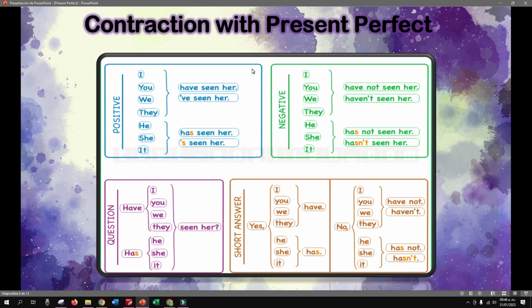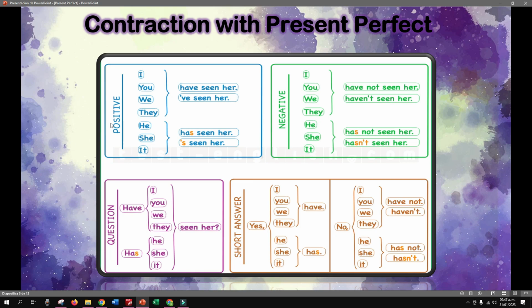If you want to make it short, the contraction, you can omit the H and A, write an apostrophe, and just leave the last two letters, so VE, right? So that's I've seen her. You have seen her, or you've seen her. That will be the pronunciation.